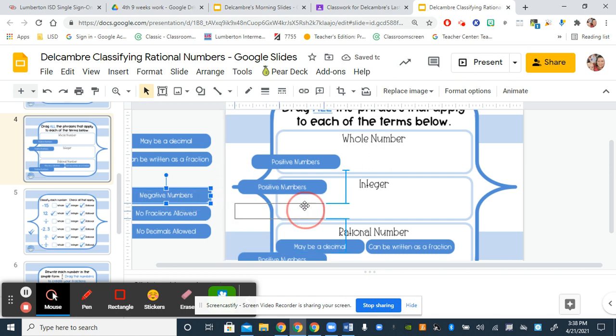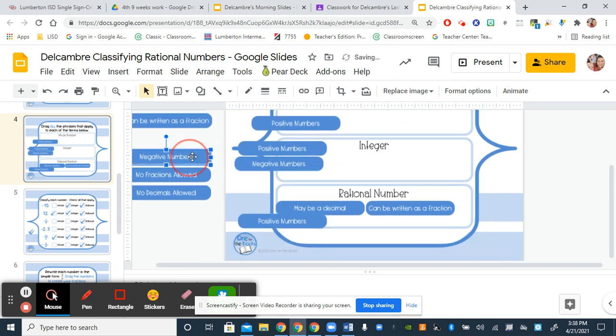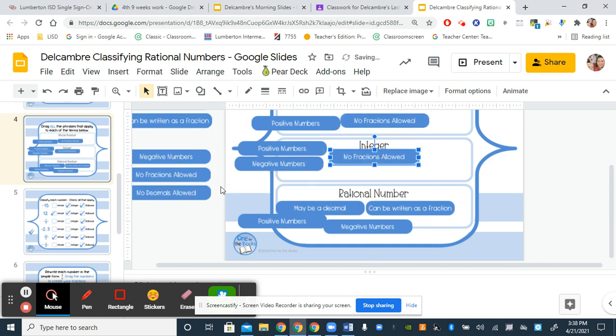So like negative numbers, integers are negative numbers, and rational numbers can also be negative numbers. No fractions allowed. Well, no fractions are allowed with whole numbers or integers. No decimals allowed with whole numbers and integers, and you would just drag that.